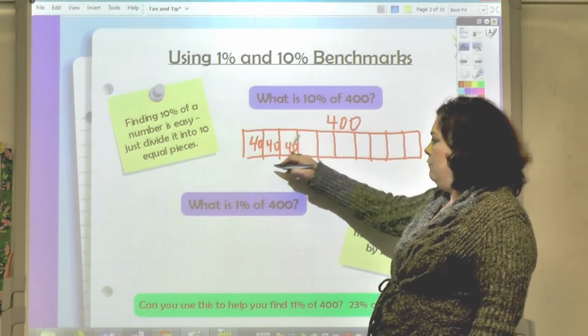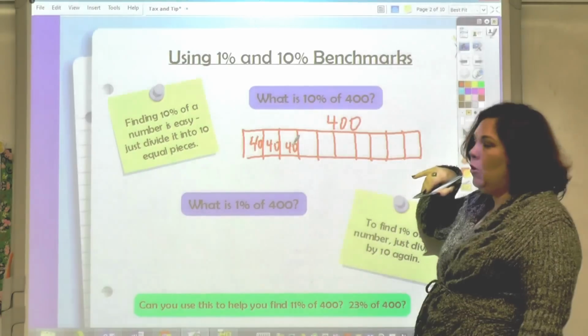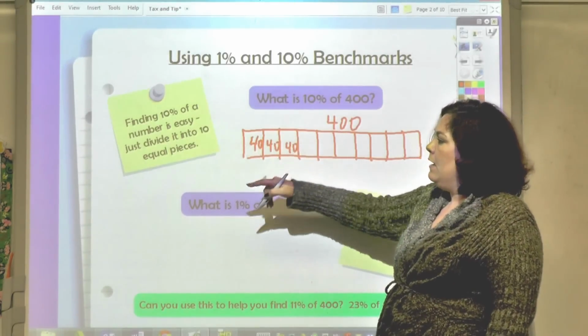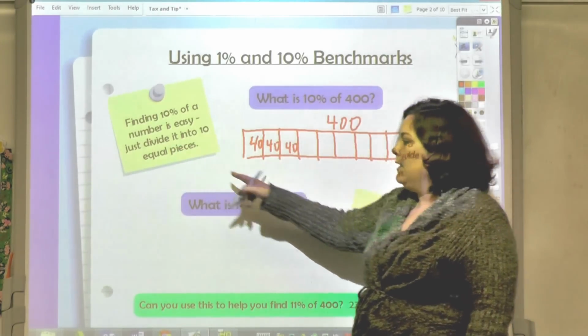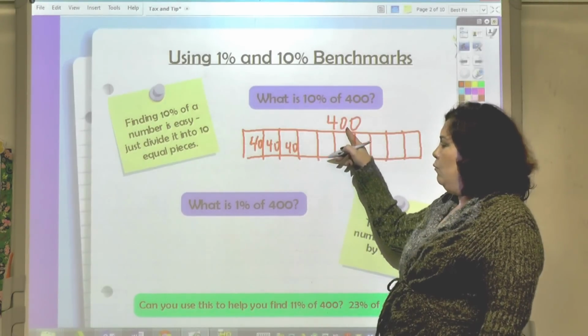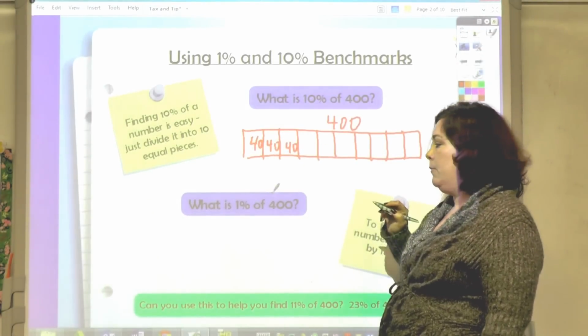And if I wrote it all the way across and added all of those up, it would add up to 400. And to get this 40, it's as easy as dividing it into 10 equal pieces or moving the decimal point one place to the left. One place to the left equals 40, so it's 40 all the way across.